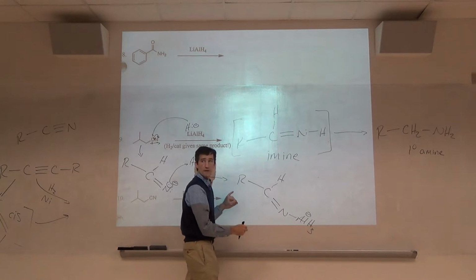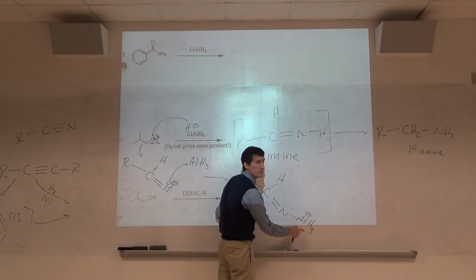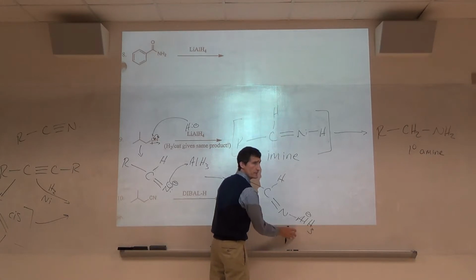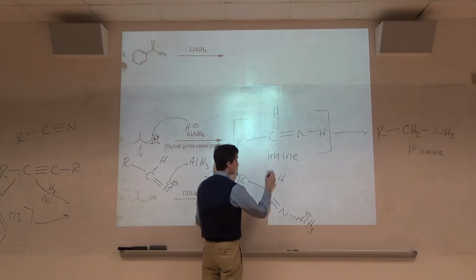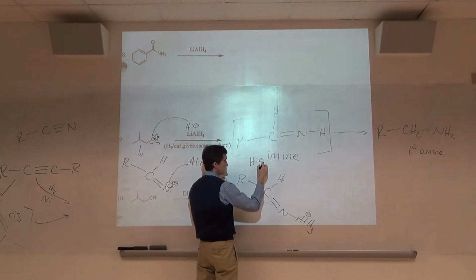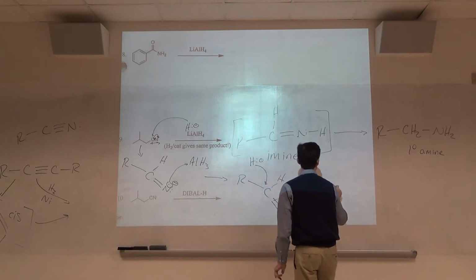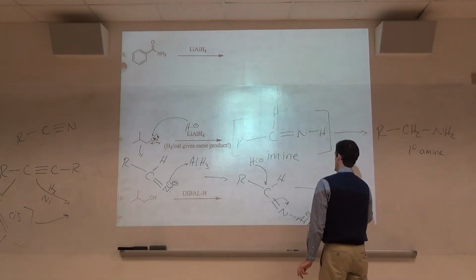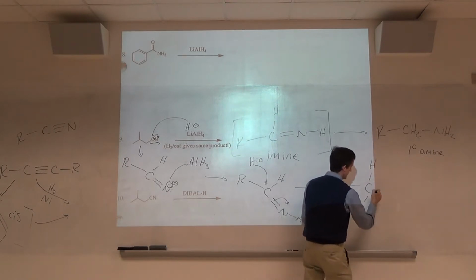That's back to neutral now. Now at this point, this can shoot off an H minus, and that can become neutral. But I'm not going to deal with that. But H minus can be shot off, and now H minus can come in here again and do it again. And now we have two H's on that carbon.